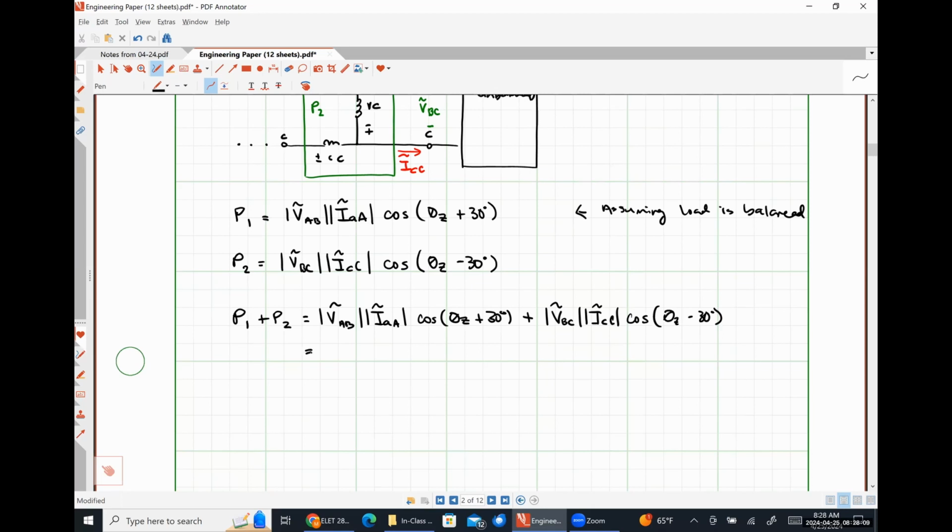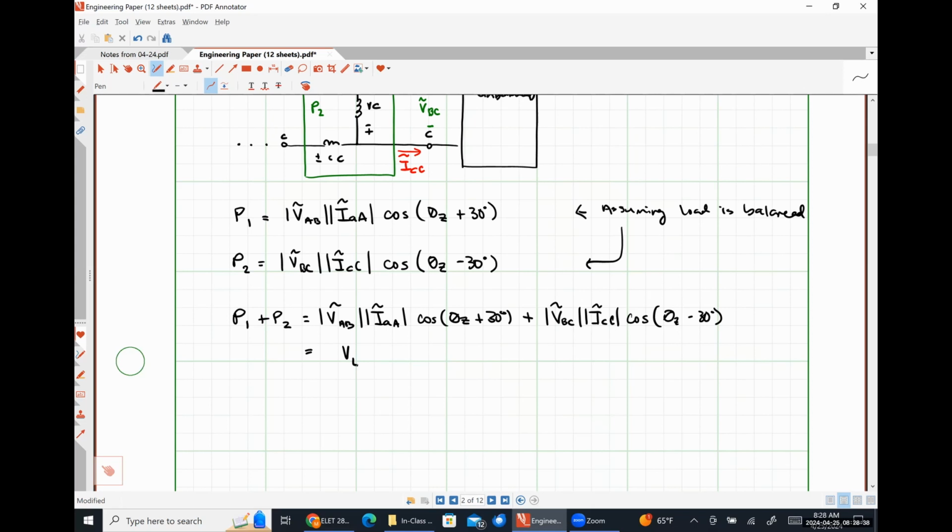Well, for a balanced system, what do we know about the magnitude of VAB and the magnitude of VBC? They are exactly the same quantity. Absolutely correct. So we're going to call that just VL, which is what we've been using to call a magnitude of a line voltage. So we've got a VL that's common to both things.